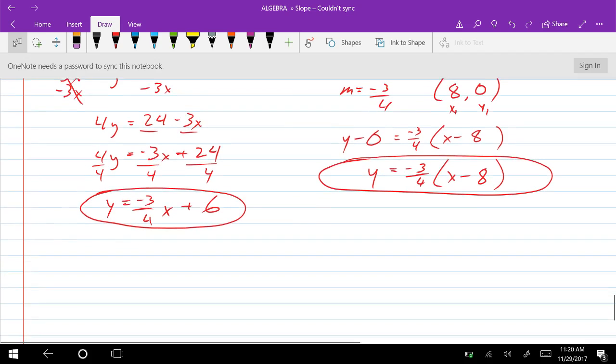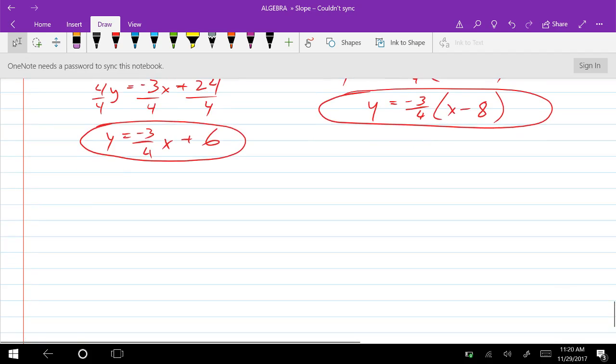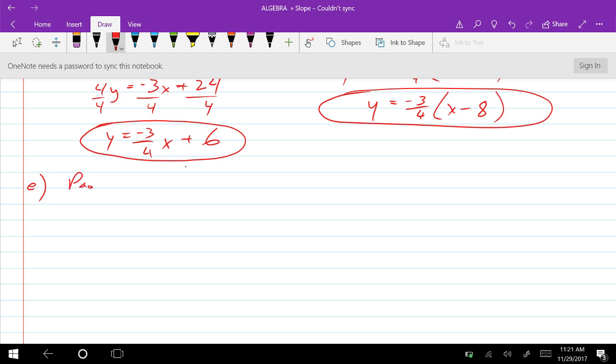Then I need the parallel line going through 1, 2. So part E asks for parallel, going through 1, 2. And parallel, the slope would be the same, so m is still going to be negative 3 over 4.